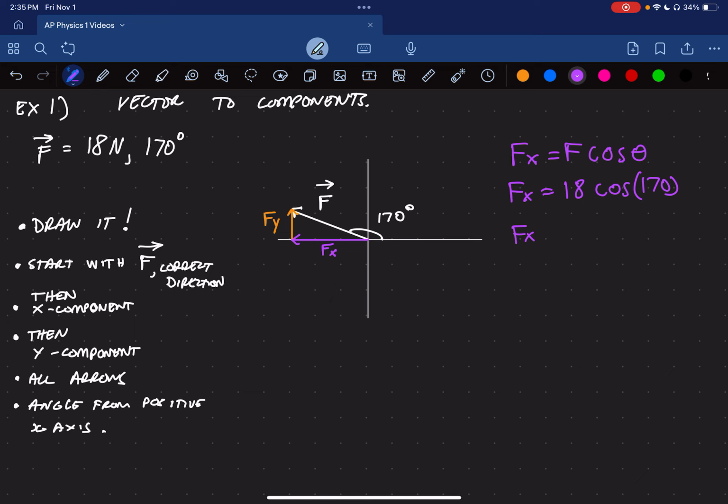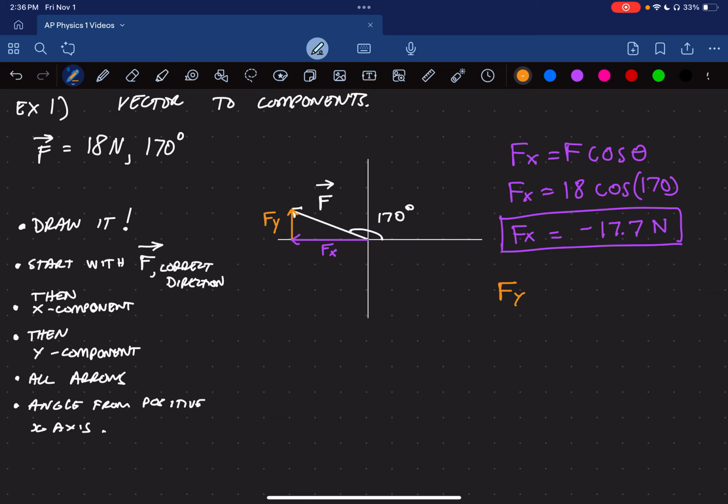And I'm going to go ahead and do the y component as well, but we will write it first. So this is negative 17.7 newtons, which makes a lot of sense because negative, it's going to the left here, the negative x direction. That's our component.